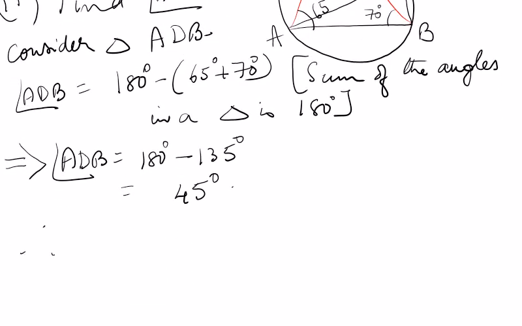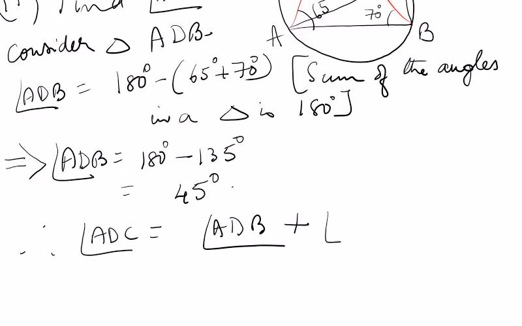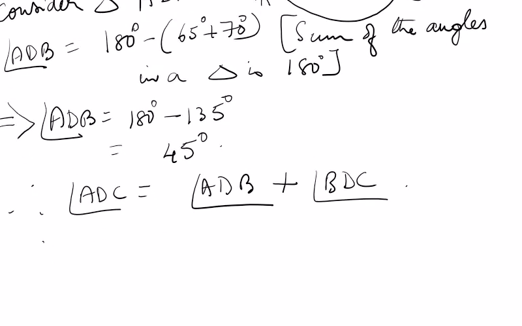Therefore angle ADC is equal to angle ADB plus angle BDC. Now BDC is given as 45 degrees in the diagram. So angle ADC is equal to 45 degrees plus 45 degrees.